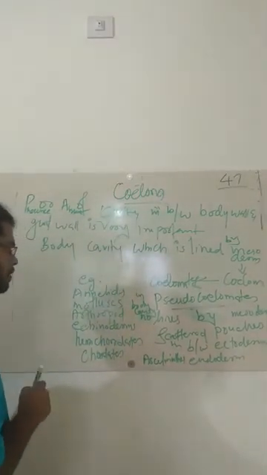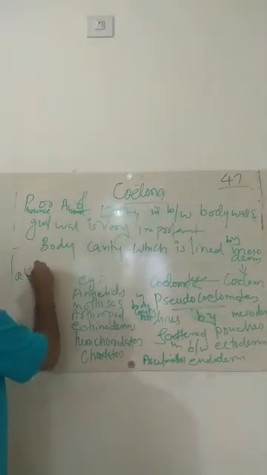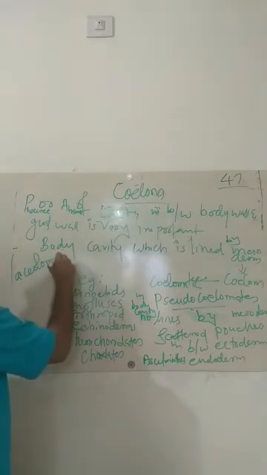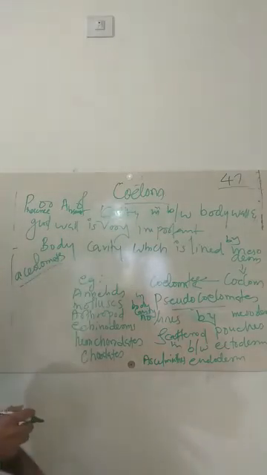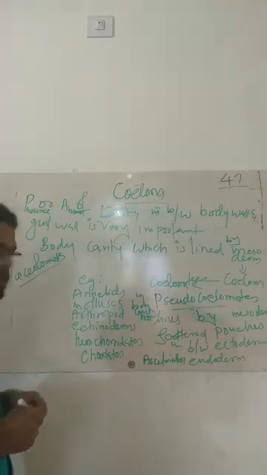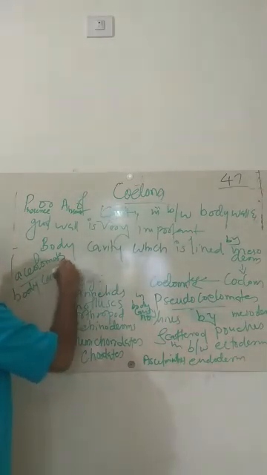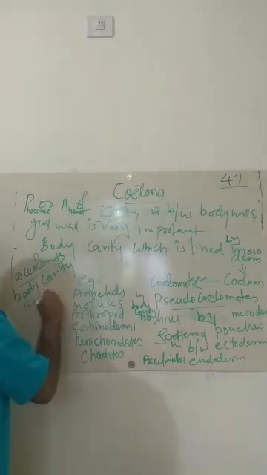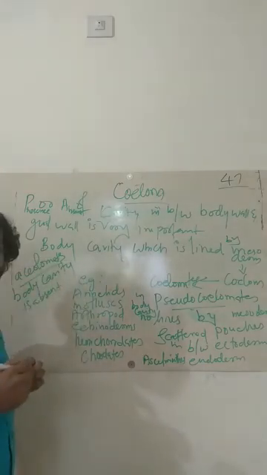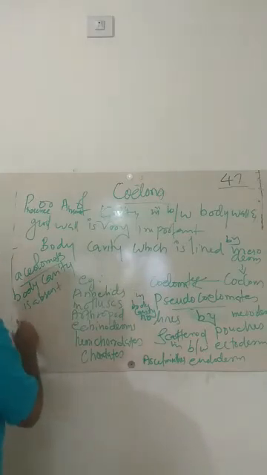Next is acoelomates. Acoelomates means the animals in which the body cavity is absent. Example, Platyhelminthes.